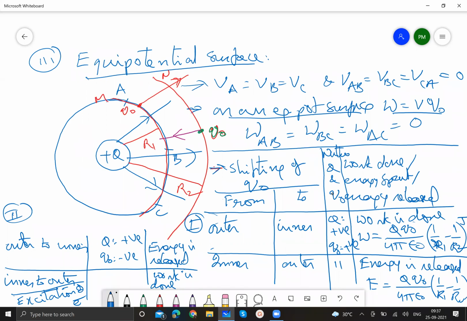In the first two cases, point charge and test charge are positive. In the last two cases, point charge is positive and test charge is negative. Okay, sir. In the first part, the test charge is moved from outer to inner. In the second part, it is moved from inner to outer. That's what I call excitation. Okay.